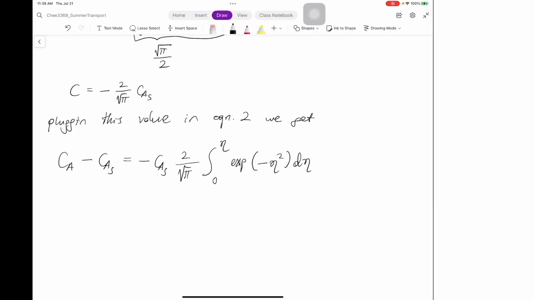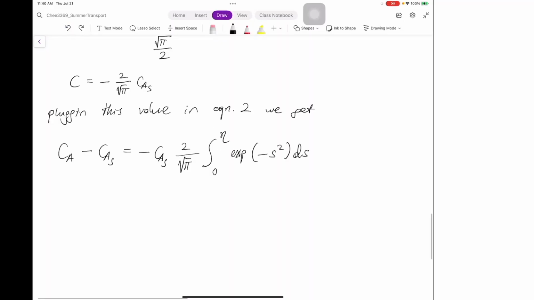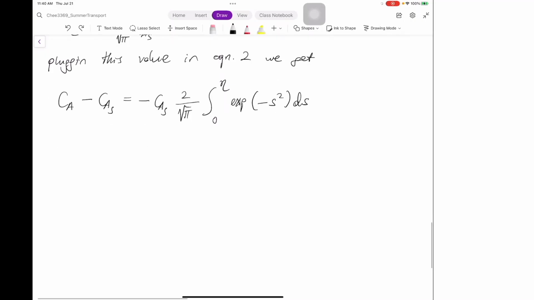And here you can use a dummy variable instead of eta. Let's say S, because you're going to plug eta back in, so I don't want to use the same variable. Either way is fine.